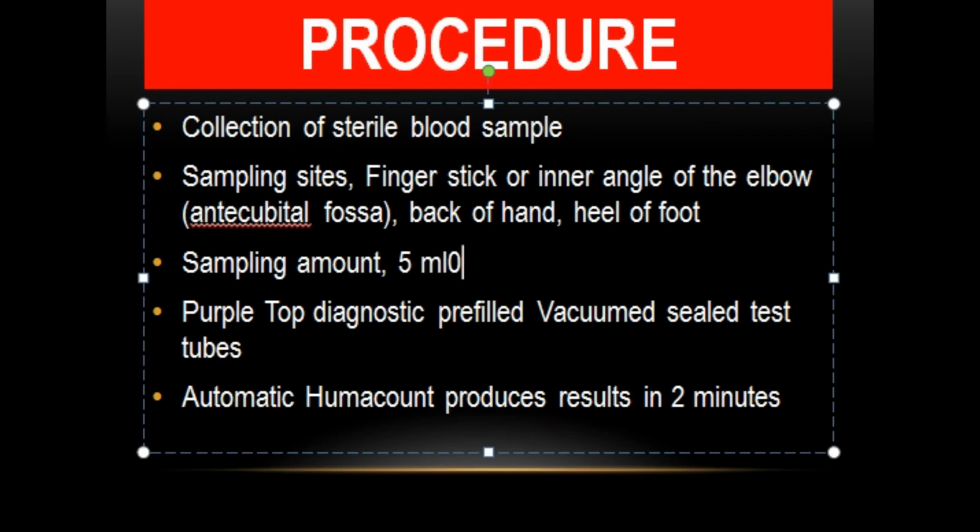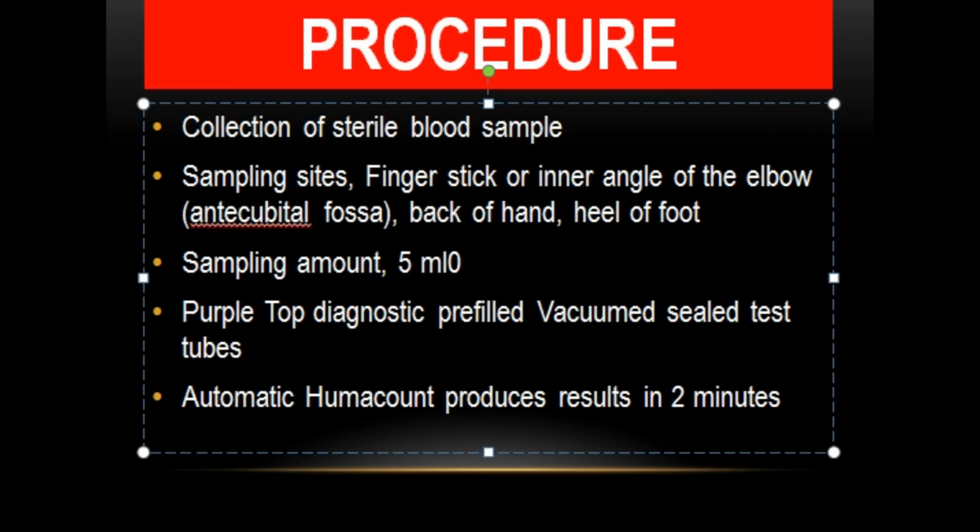What is the procedure? Initially, a sterile blood sample is collected from different sampling sites, depending upon the person who is taking the sample and their expertise, from which point they can comfortably sample. The easiest one is the finger stick sampling method, or another is the vein puncture sampling method, or venous sampling.